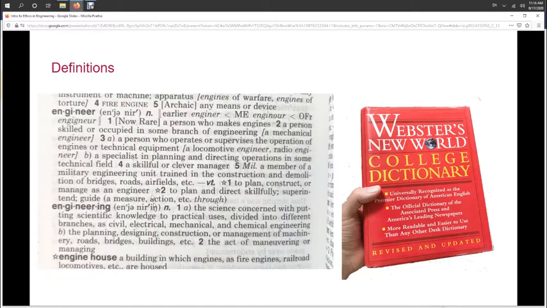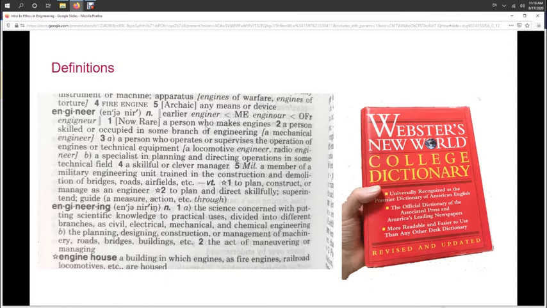Okay, moving on. Engineer. What is an engineer? The first definition, which is now rare, is a person who makes engines. So I guess in the early days of automobiles, if you made engines, you were probably called an engineer. Number 2, a person skilled or occupied in some branch of engineering, such as a mechanical engineer.